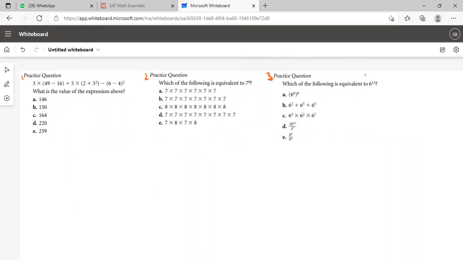So this is the practice question. 3 into, okay, this is a long, long expression and you have to simplify it. Can you please do it for me? I can give you 3 minutes. Can you just tell me the answer in this case? Sure, ma'am. Excellent. You can take your time.